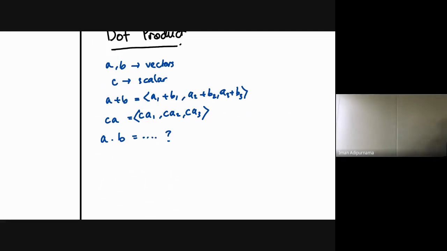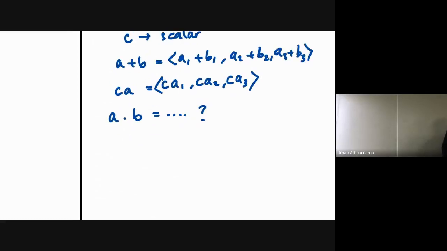That's the question that arises, why we need the dot product method. The result of this is a scalar.